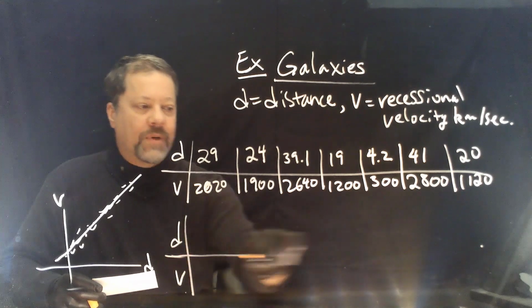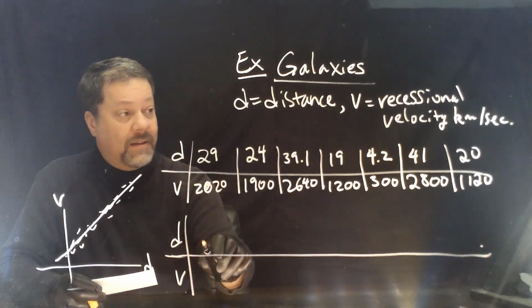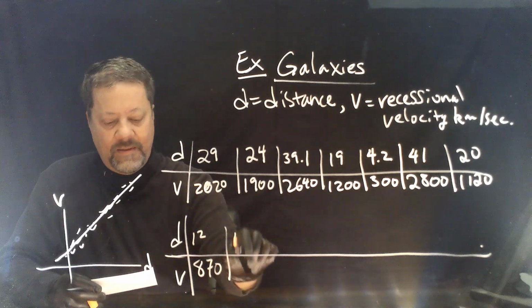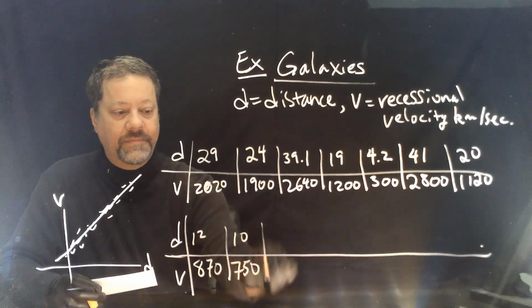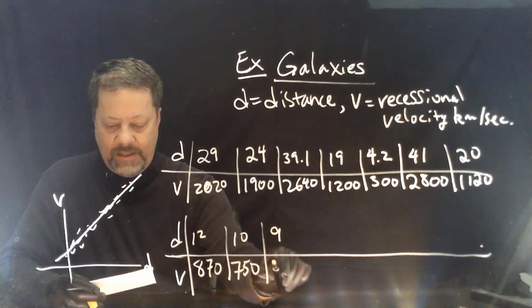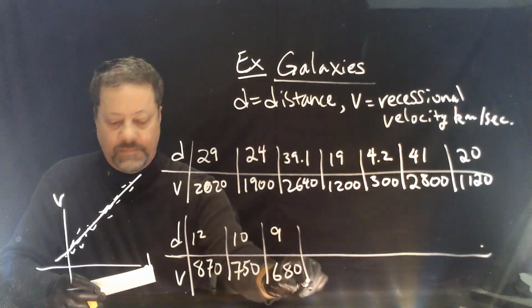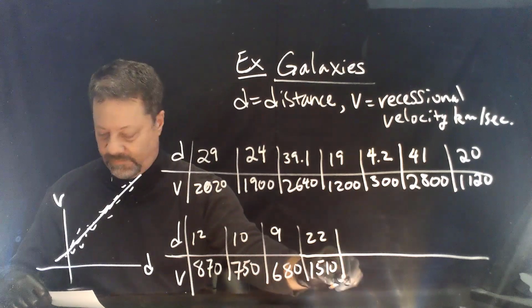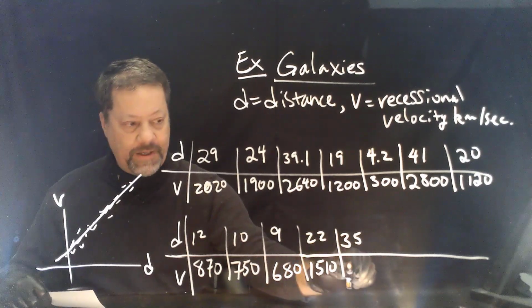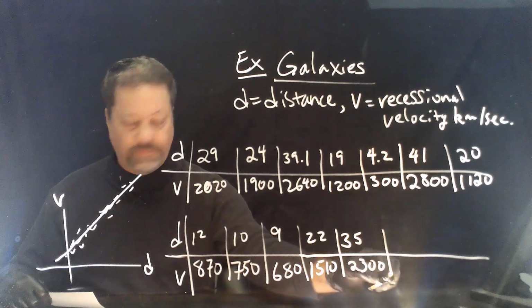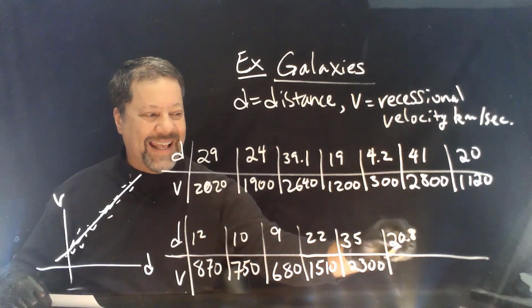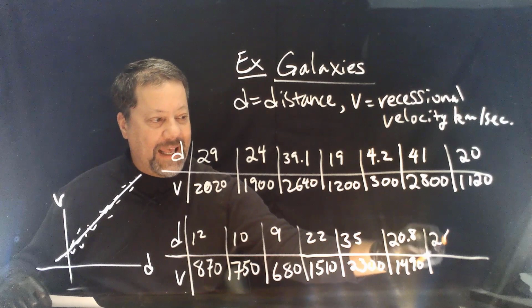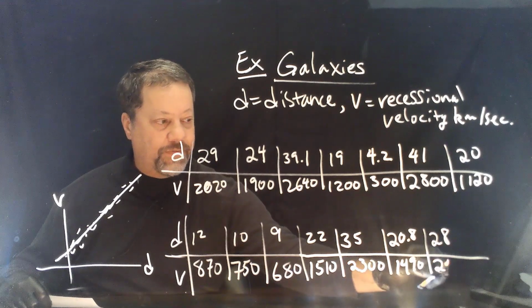We're not done, we have more data. 12 and 870, 10 and 750, 9 and 680, 22 and 1510, 35 and 2300, 20.8 and 1490, 28 and 2414.